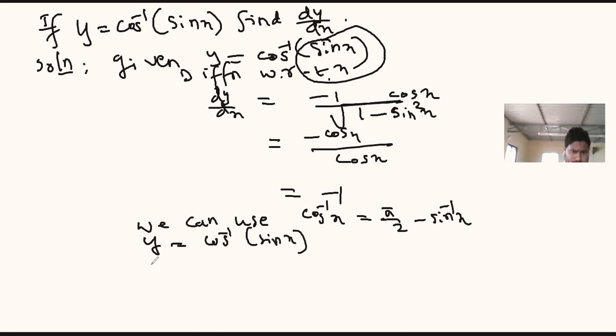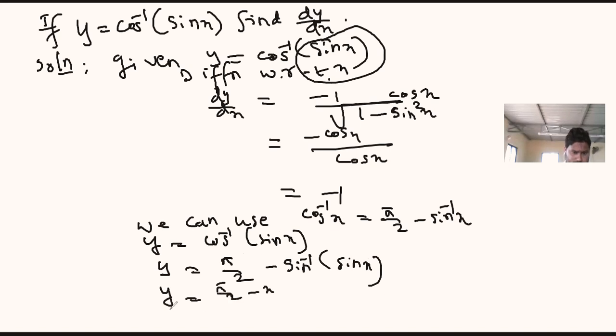So we can write y is equal to pi by 2 minus sin inverse of sin x using this property, that is cos inverse x is equal to pi by 2 minus sin inverse x. Here x is nothing but sin x. So it is pi by 2 minus sin inverse of sin x. Then what is sin inverse of sin x? x. So now y is equal to pi by 2 minus x.